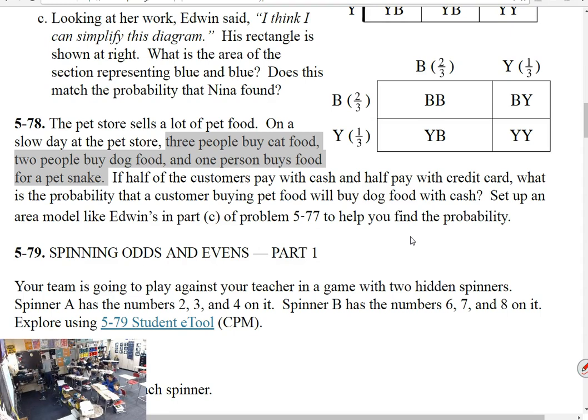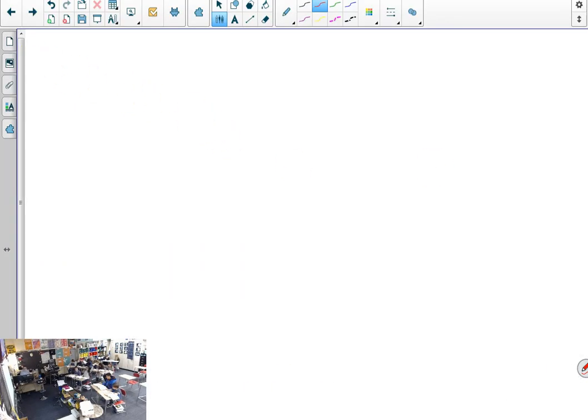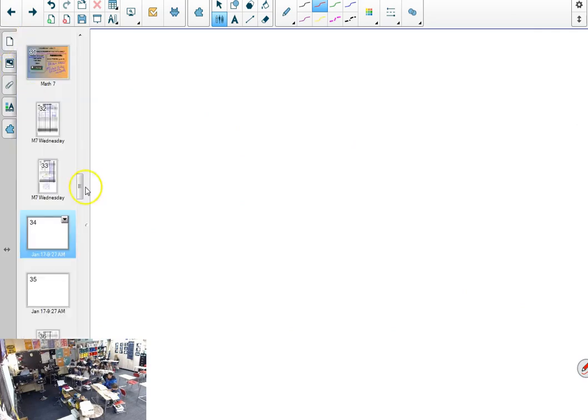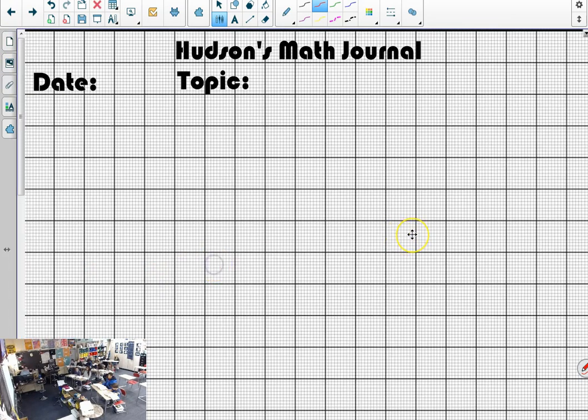How many people total buy food? We got 3, 2, and 1. Yes, 6. If I like quote unquote cheat and use graph paper, then I'm gonna make my dog food section 3 wide.